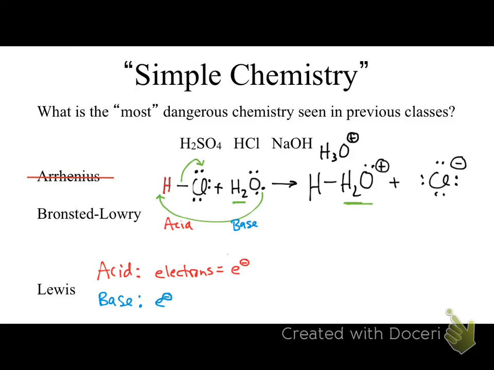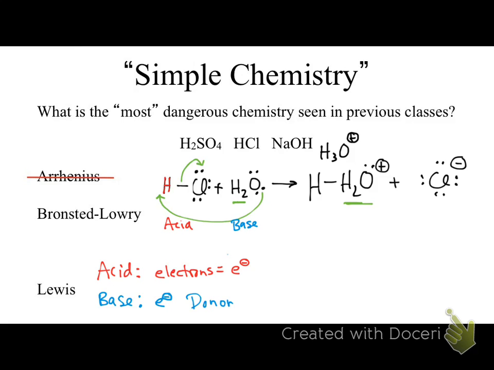What did it do with its electrons? It gave them or donated them to hydrogen. So what is a Lewis base? An electron donor, or donating electrons. What happened to our acid? And this is where it gets a little bit dicey. It's the opposite of our base, so if we stick with that, we should be happy.